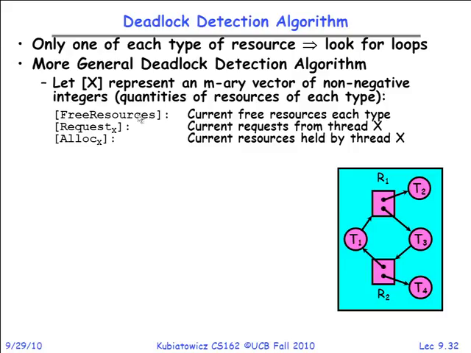Okay? And every thread has a request vector. Notice that T1 is requesting R1 but not requesting R2. So T1's request vector would be 1, 0. T3's request vector would be 0, 1. Okay? And so on. And then allocations are which one's currently held by the thread.